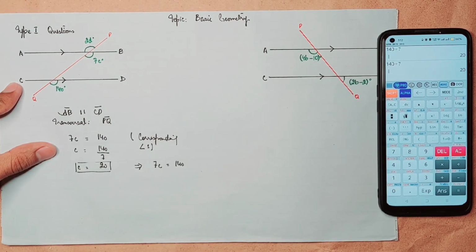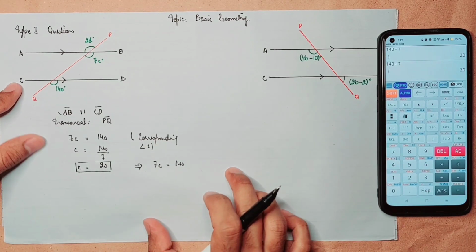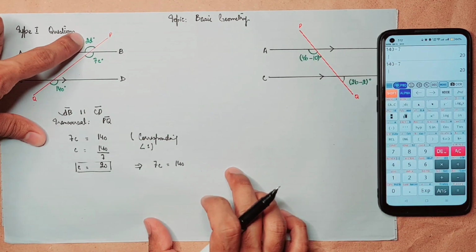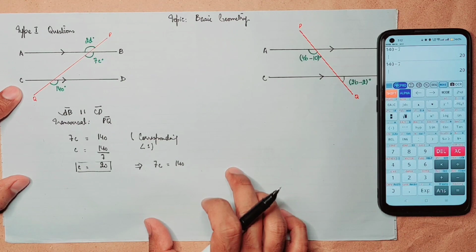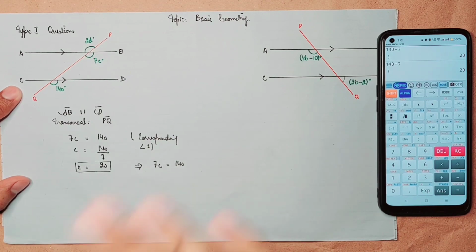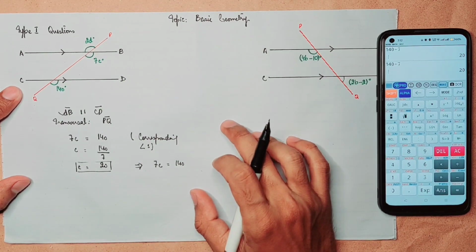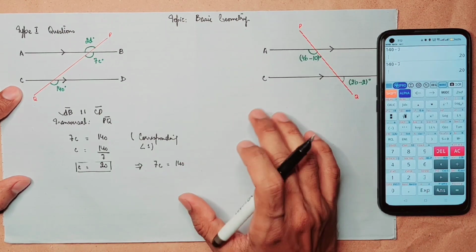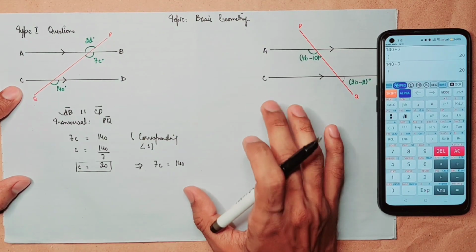Now we are going to calculate the angle 2D. For calculating 2D, you have to remember another concept of geometry: whenever two straight lines intersect each other, they form a pair of vertically opposite angles which are always equal to each other.